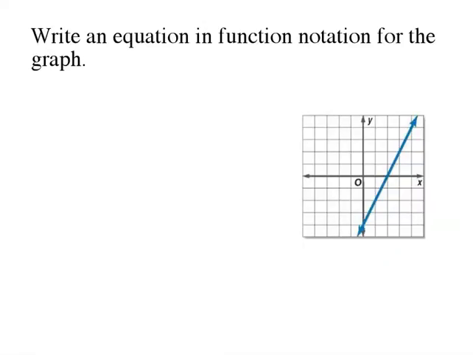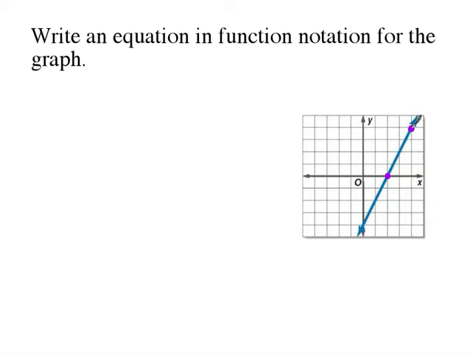All right, let's look at another one. Write an equation. So I need to find 2 points it goes through. So I could pick any 2. I could pick this point right here. Okay, see where I've done that purple point? And then I could pick this point up here. Okay, those will work.